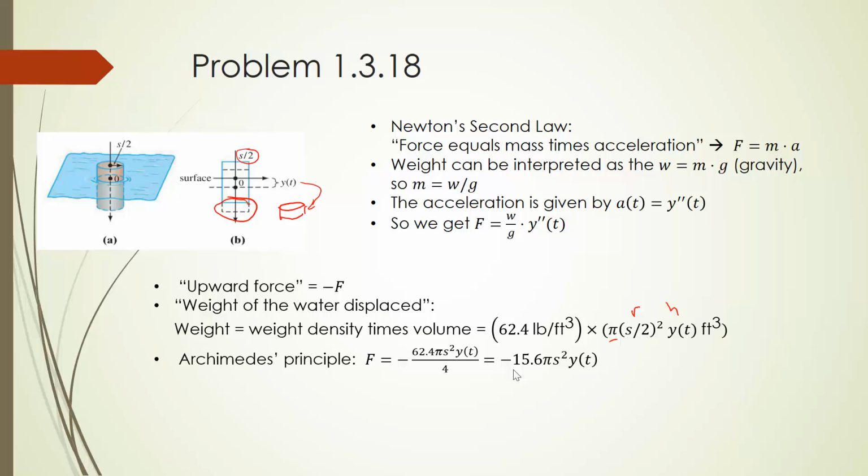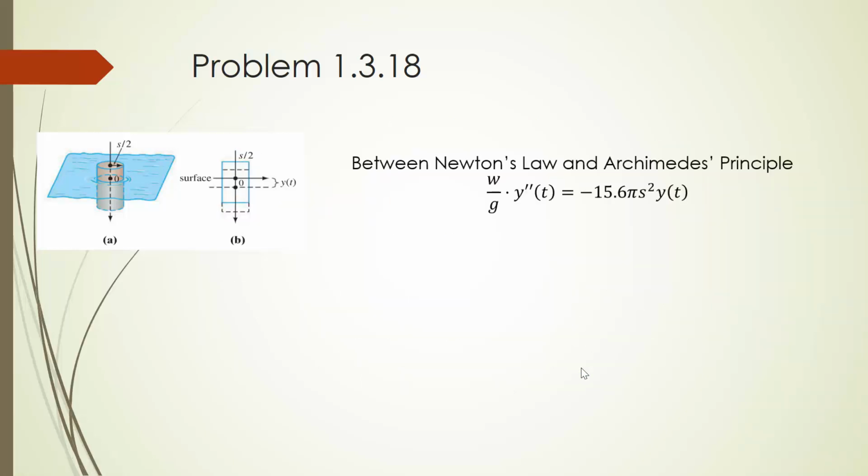So now we have the force written in Newton's second law, and the force written in Archimedes' law. And so we're going to set them equal to each other, and we're going to have a differential equation with y double prime and y involved. So we have w over g times y double prime from Newton's law, and then we have negative 15.6 pi s squared times y in Archimedes' principle.